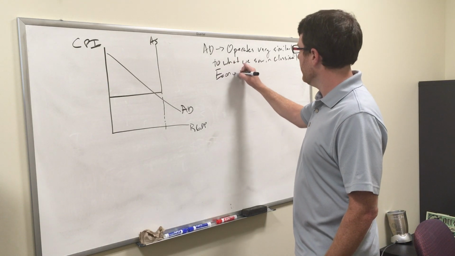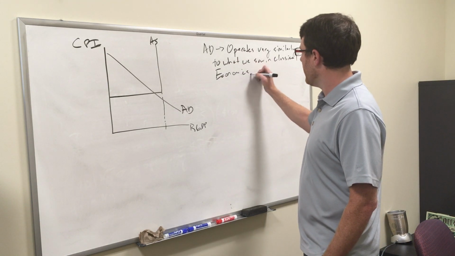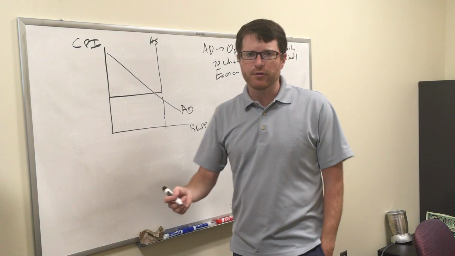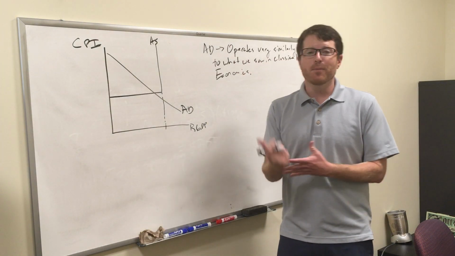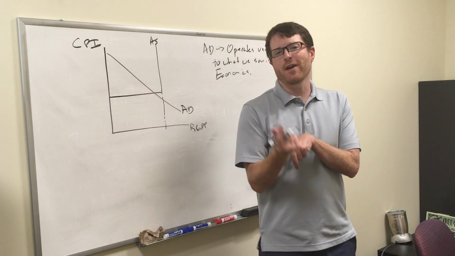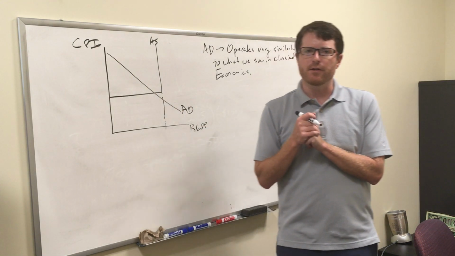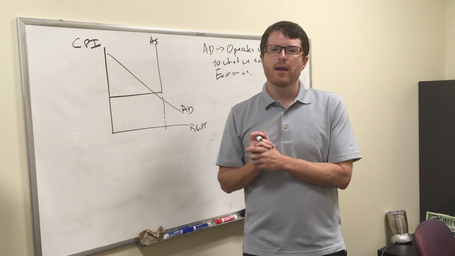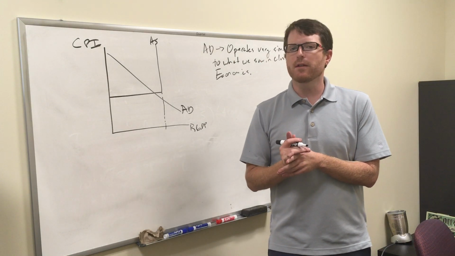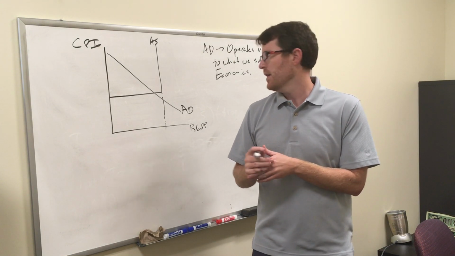It operates similarly in the shape, okay? Remember, aggregate demand was downward sloping because of the real balance effect, international trade effect, and the interest rate effect. That still applies to the aggregate demand curve here. So the lower the CPI, the more the consumers want to spend their money and buy goods and services.